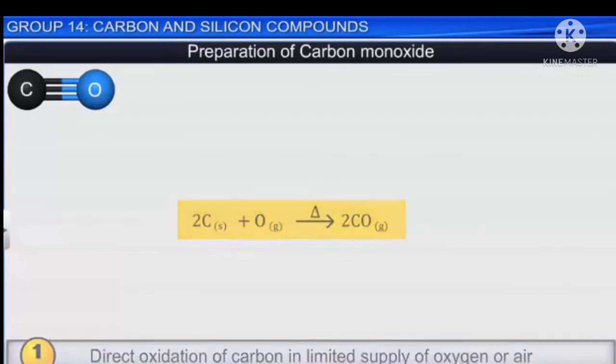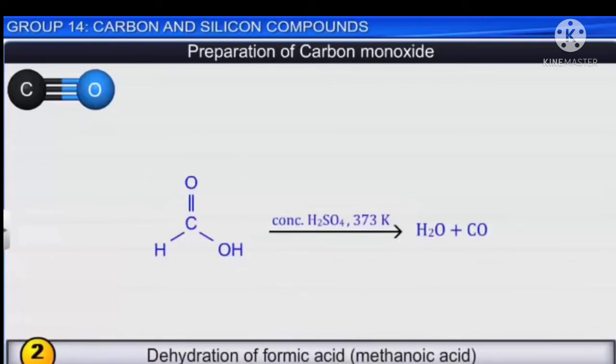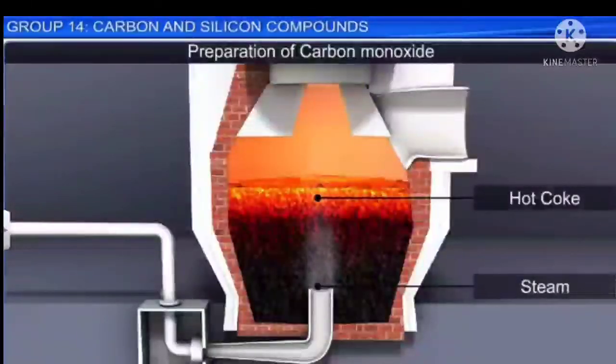Another way to prepare carbon monoxide is the dehydration of formic acid, also known as methanoic acid, with concentrated sulfuric acid at 373 Kelvin. On a commercial scale, carbon monoxide is prepared by passing steam over hot coke.